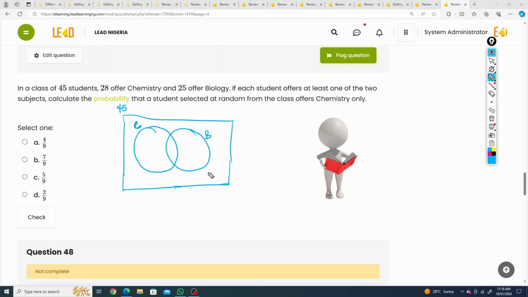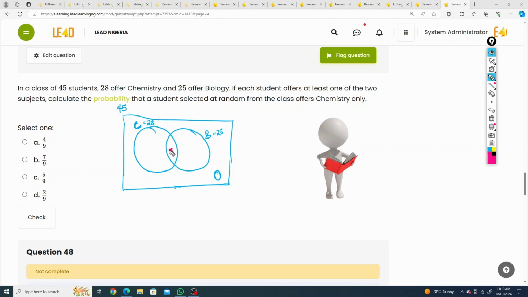The total for chemistry is 28, the total for biology is 25. And not offering any of them is 0, because we are told that each student offers at least one of the two subjects. So I can call both of them X for now.